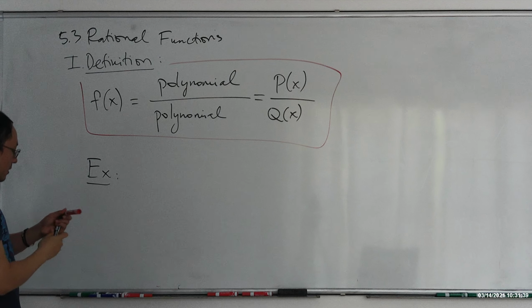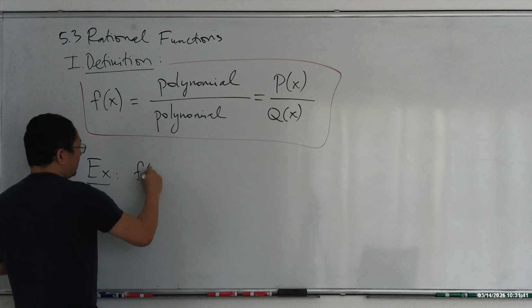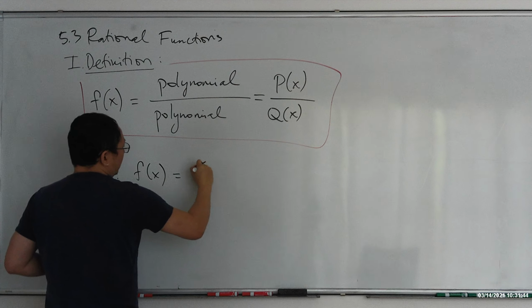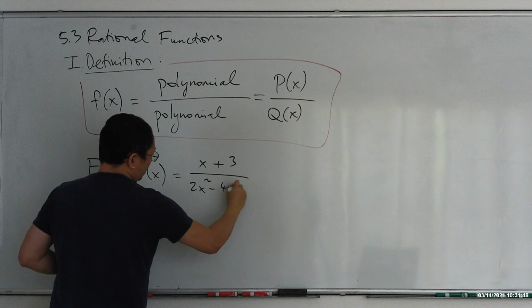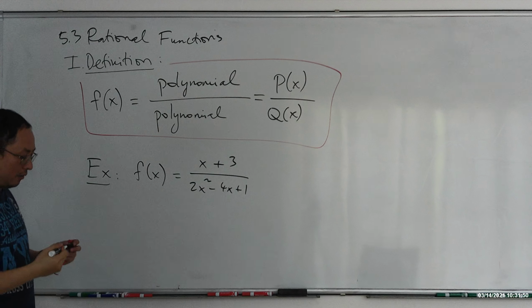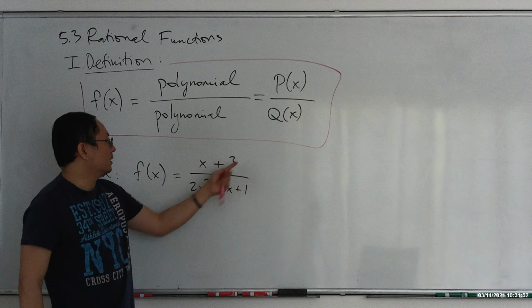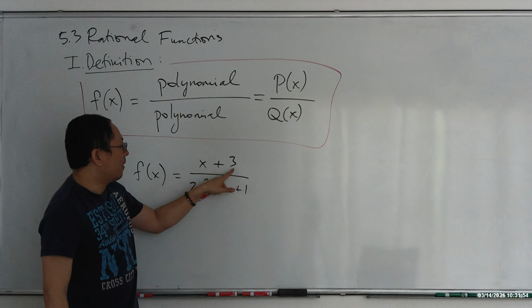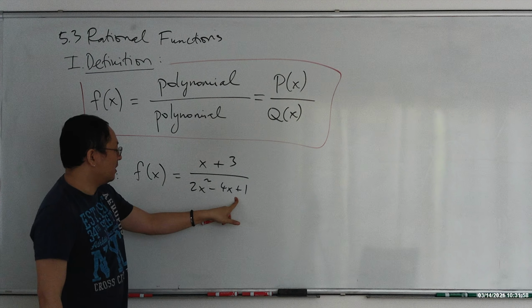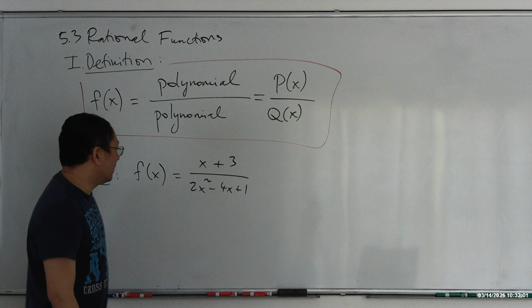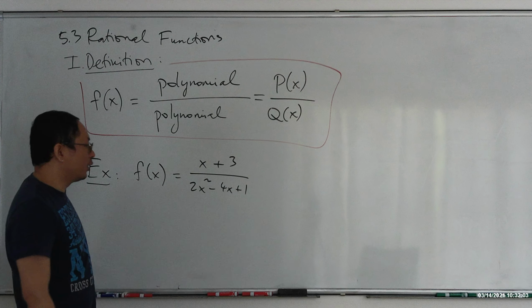Okay, example. Say f of x is equal to (x + 3) over (2x squared - 4x + 1). This is a rational function where p of x, the numerator here, is a polynomial of degree 1. It's linear, okay? And the bottom, q of x right here, is a polynomial of degree 2. Okay? It's a fraction of polynomials.